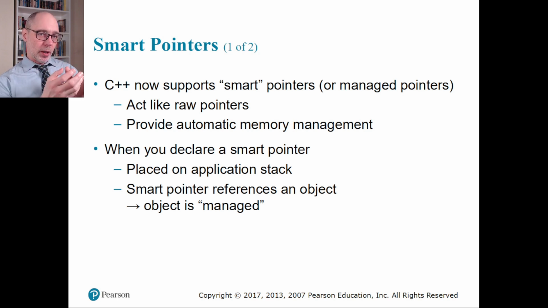So you have a reference to the smart pointer, which is itself an object, kind of like a middleman between you and the actual object in the free store. When you have declared one of these smart pointer objects, it has a real pointer, for what it's worth, over the actual object. And when you've got that set up, we've referred to that as having the object managed by one of these smart pointers.